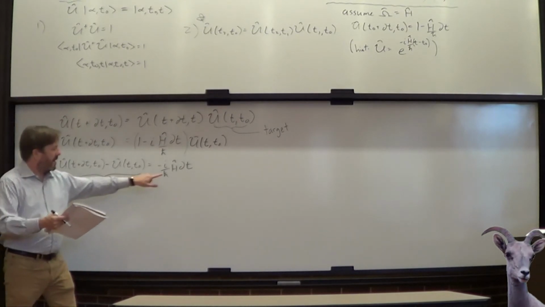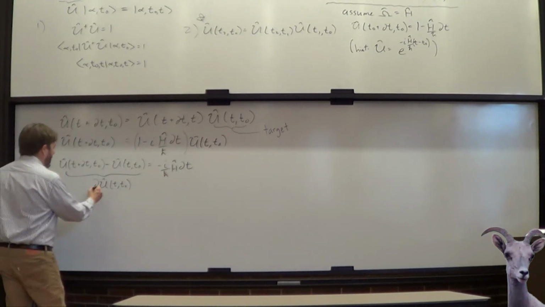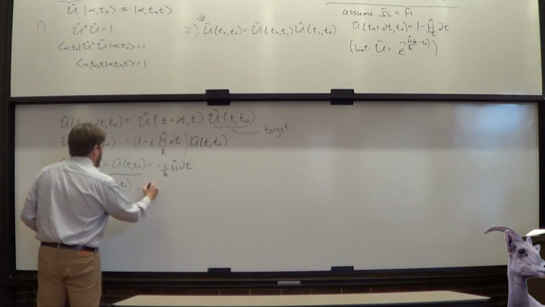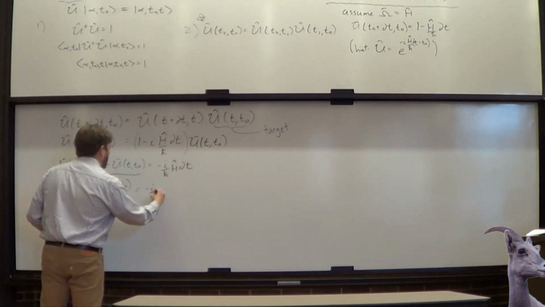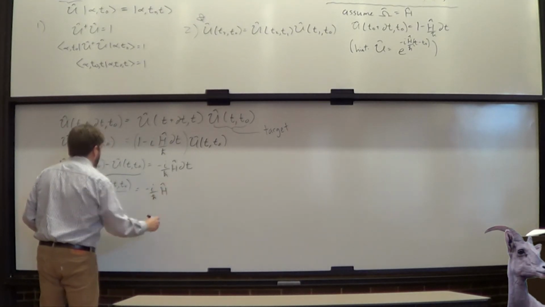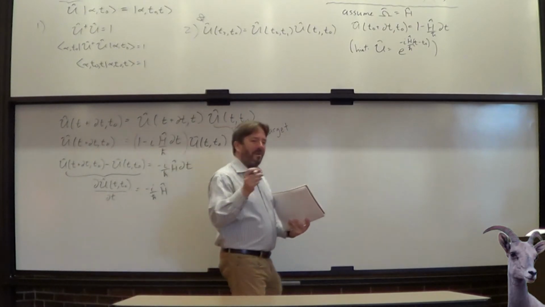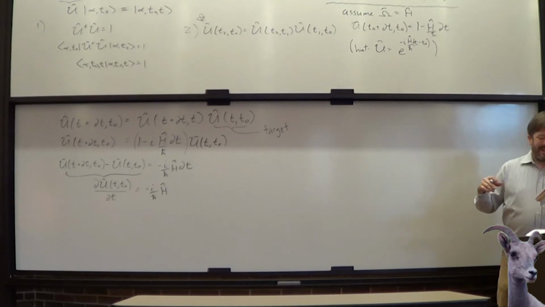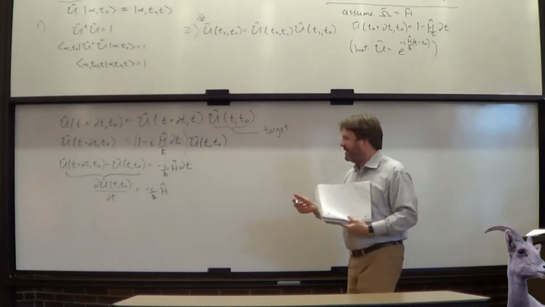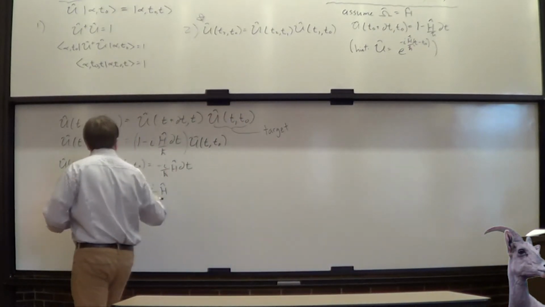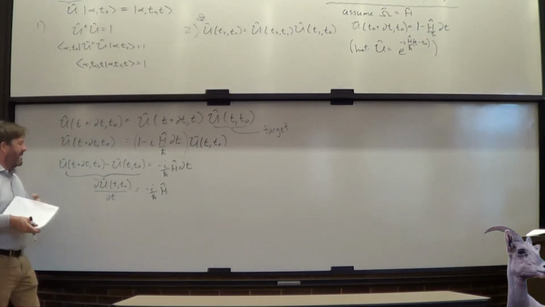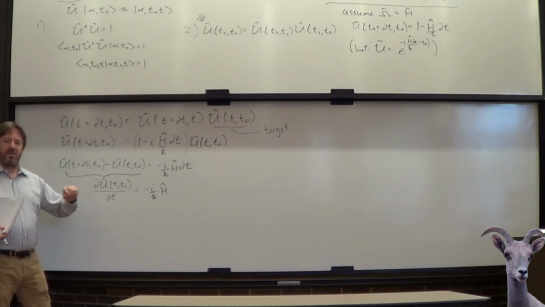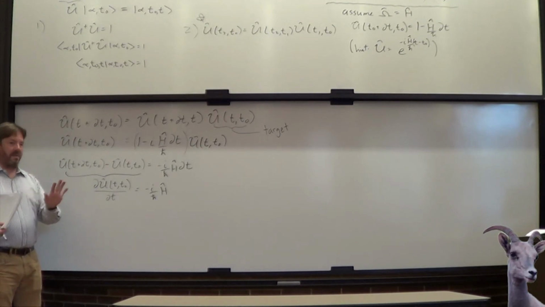Now look over here, I've got a dt. There's i over h bar Hamiltonian. Now I've got a differential equation. Of all differential equations, nominally the derivative of something equal to a function should be unbelievably easy to figure out.